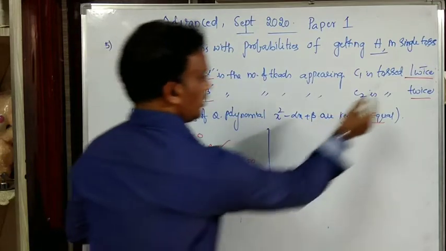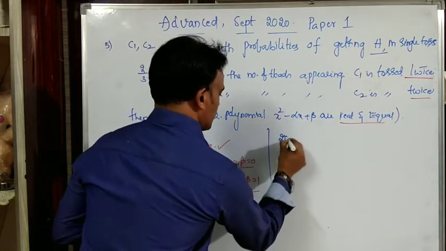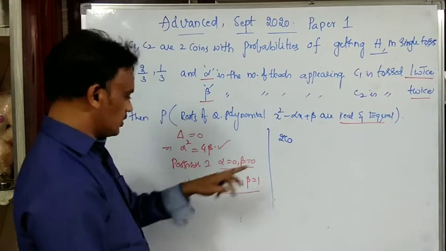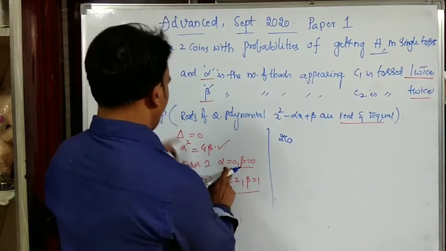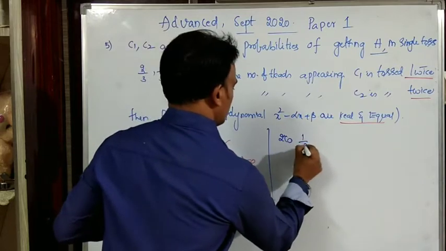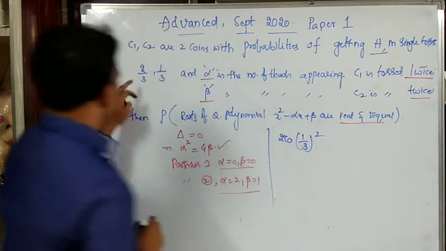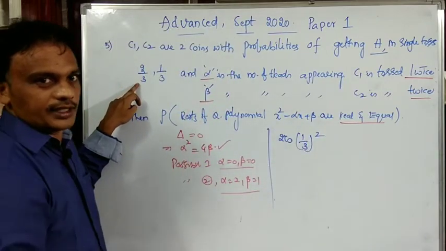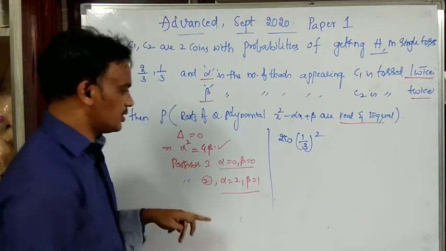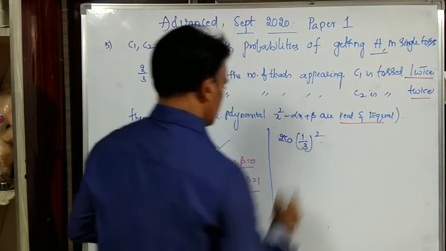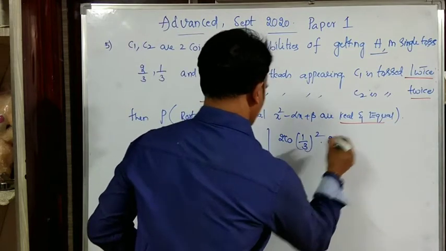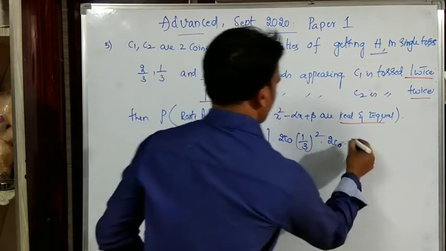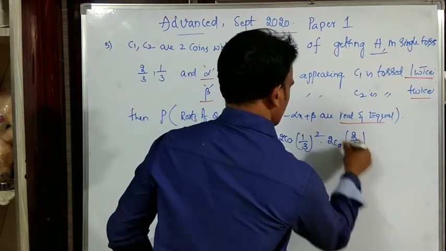The first possibility: 2C0, with alpha 0 times head, so tail is 1 by 3 whole squared, and head is 2 by 3. So it is 2C0 times 1/3 whole squared, and here also 2C0 times 1/3 whole squared.